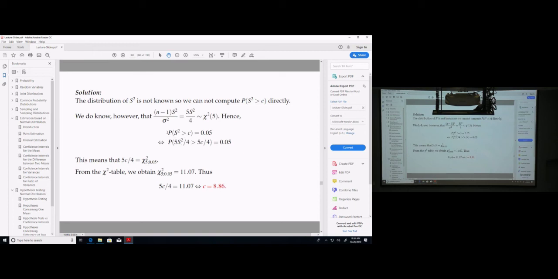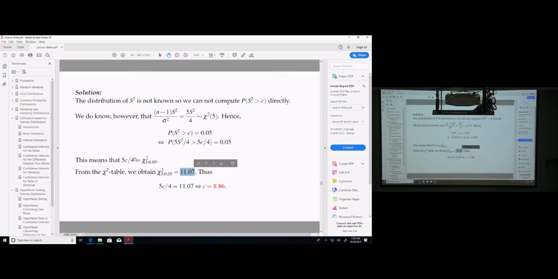I can't calculate this directly, but if I rescale it by 5 over 4, then I can calculate this. Now here you have to use the chi-square table, or use a graphic calculator, or use R, and then you will have this number, 11.07.